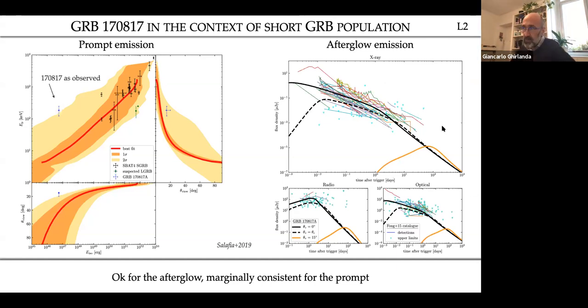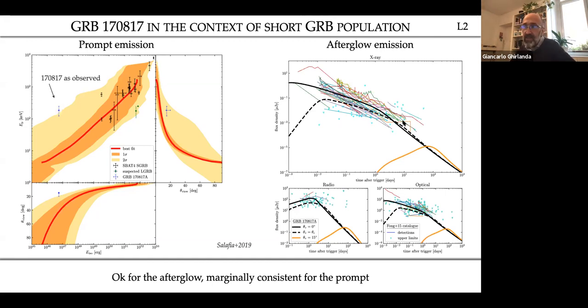Another way of looking at this is that the short GRBs that we have observed so far are, I would say, structured jets observed close to the axis, basically within the core.